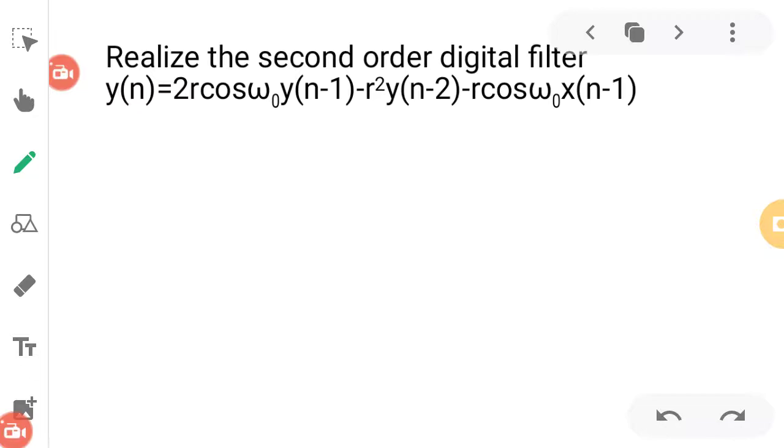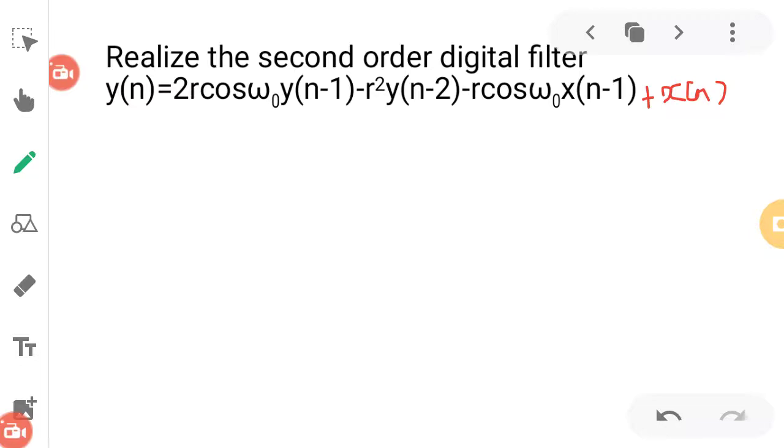Here the second term will be y of n minus 1, and the next will be r square, and here one more term will be there, that will be x of n. In this question one more term is there, that is plus x of n.